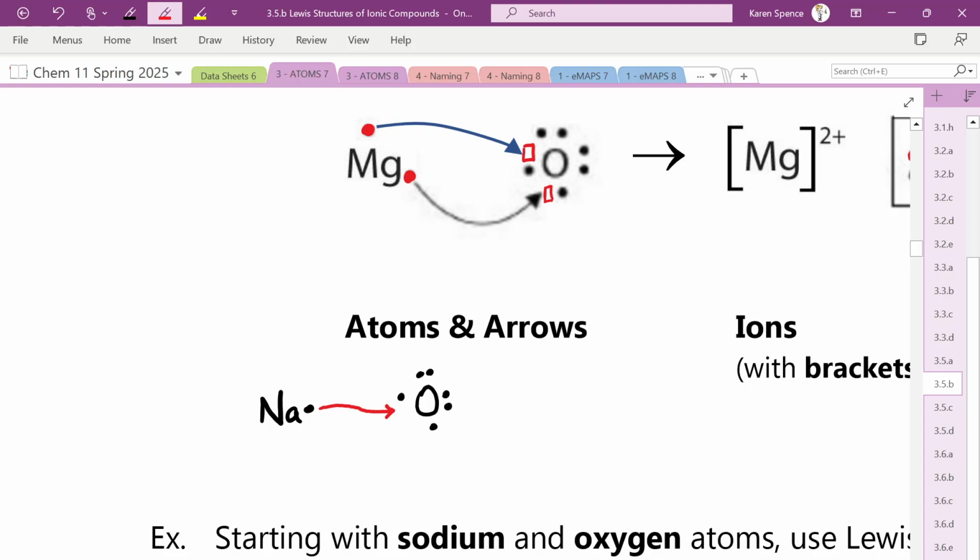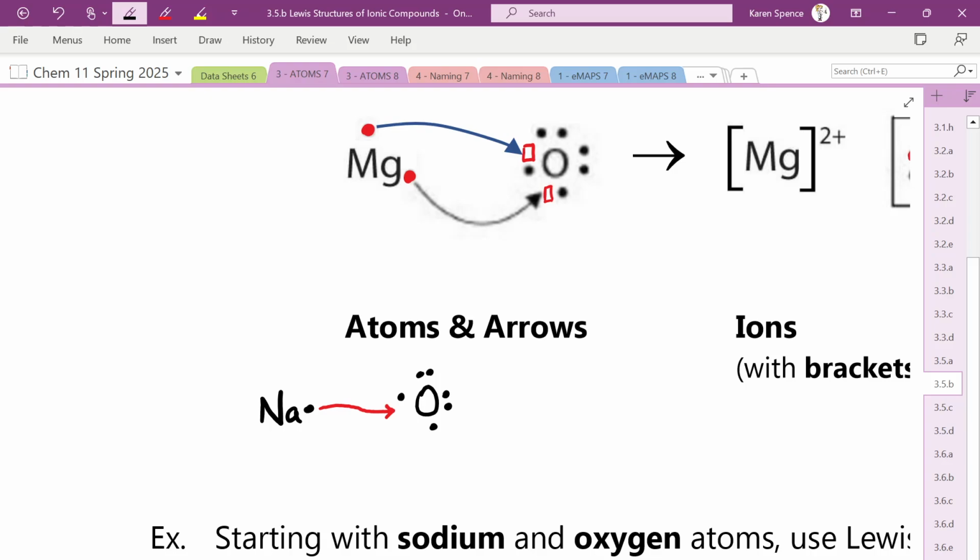Does that satisfy sodium? Is sodium good now? Sodium just got rid of its 1 electron. Is sodium good? Yeah, sodium's good. Is oxygen good? No. How could we fix that? We need more electrons, but sodium only has 1. Oh no.